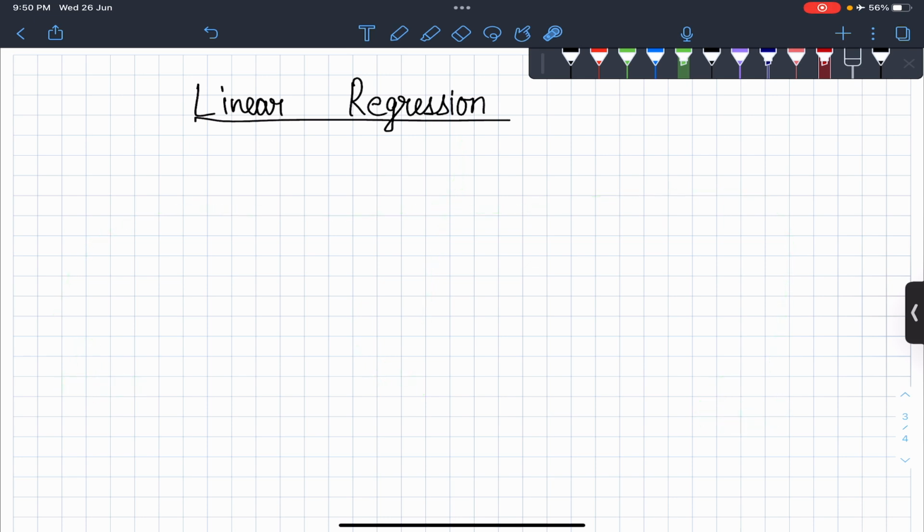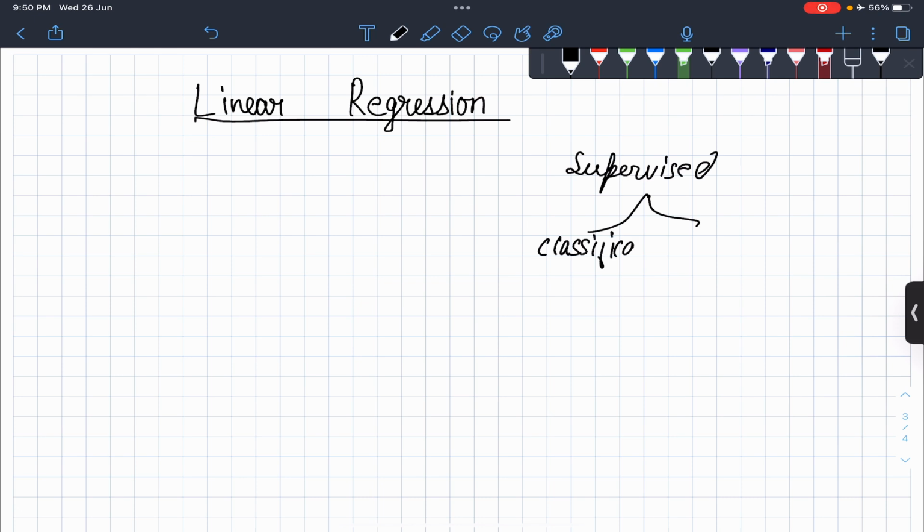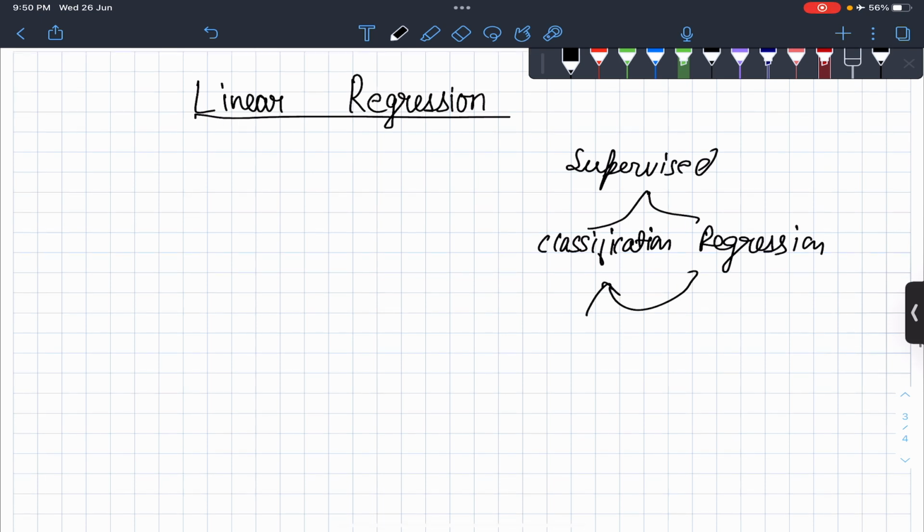In supervised learning, we have two kinds of problems: classification and regression. The order doesn't matter, but the first is classification and the second is regression. So linear regression is a kind of regression algorithm to solve the problem.